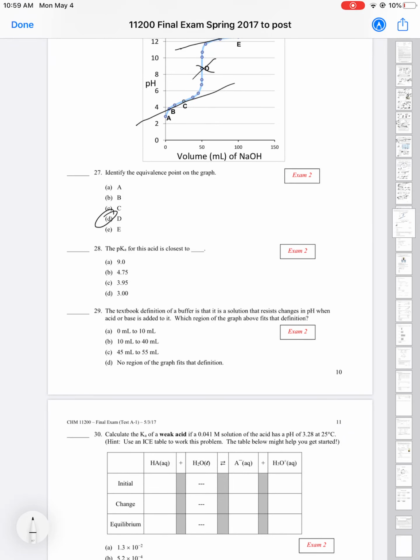The pKa for the acid is closest to, so remember at D, at 1/2 of the volume at the equivalence point, so the volume at the equivalence point is at about 50. So at about 25, the concentration of acid is equal to the concentration of base, I think.